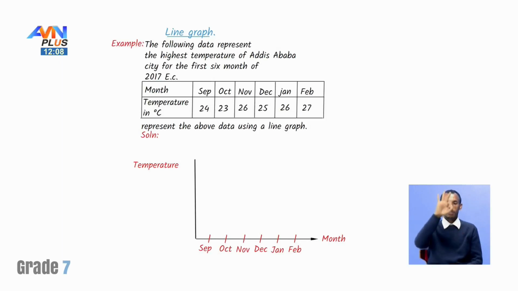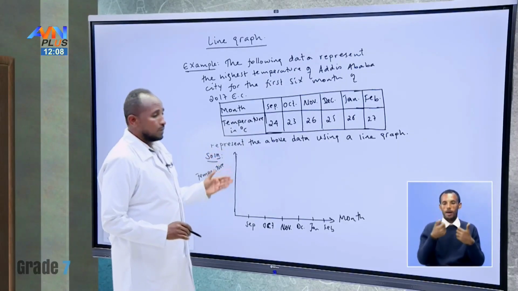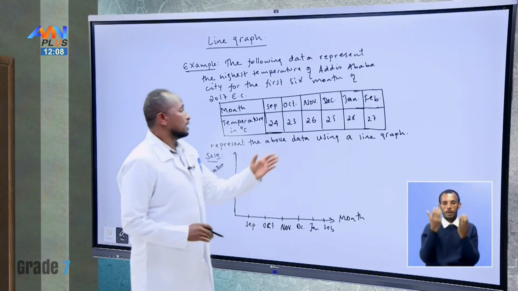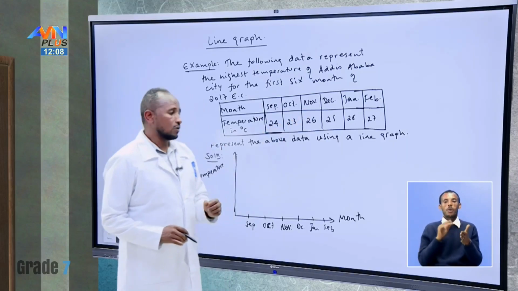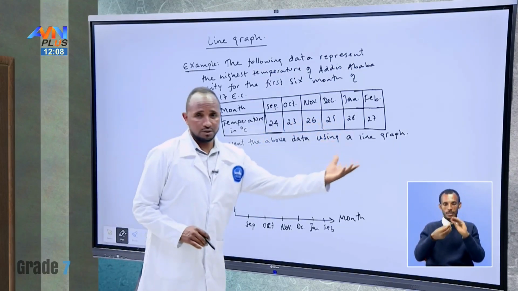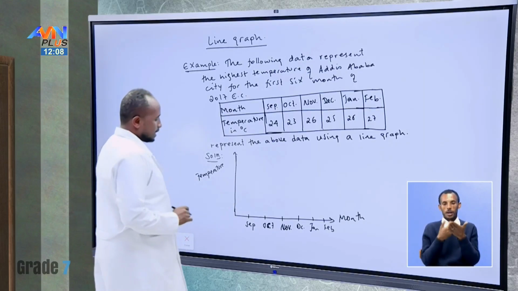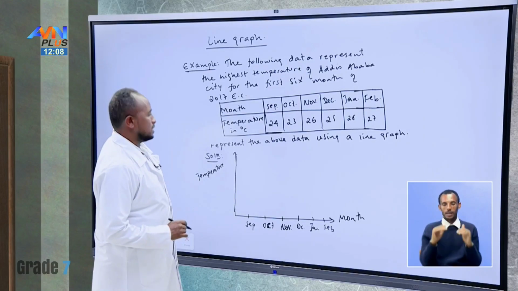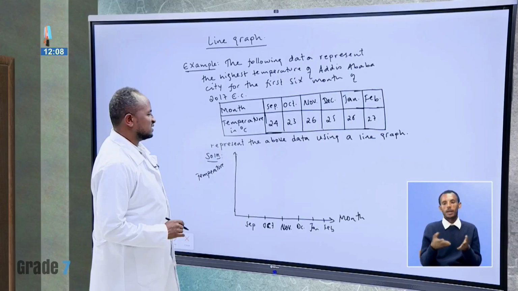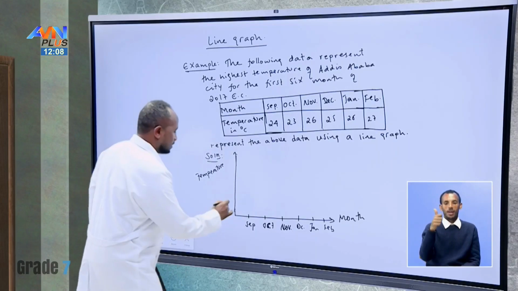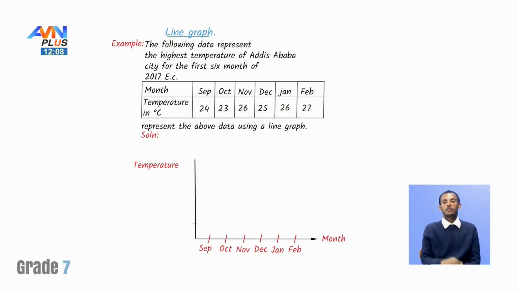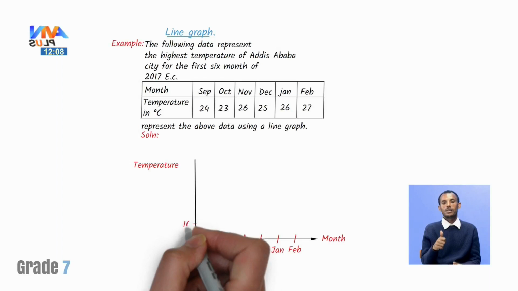So I have to scale this part so that the scale contains these numbers. Here, let's use a scale of 10. If you use this to be 10, this distance represents 10.